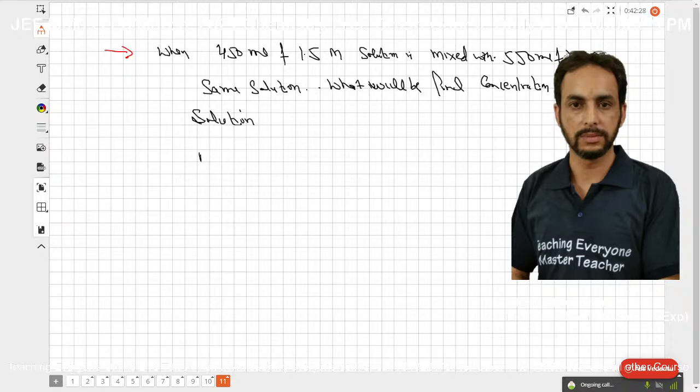Yeah. So how it will be calculated? M3 equal to 450 into 1.5 plus 550 into 1.2 divided by 1000. That will be the answer.